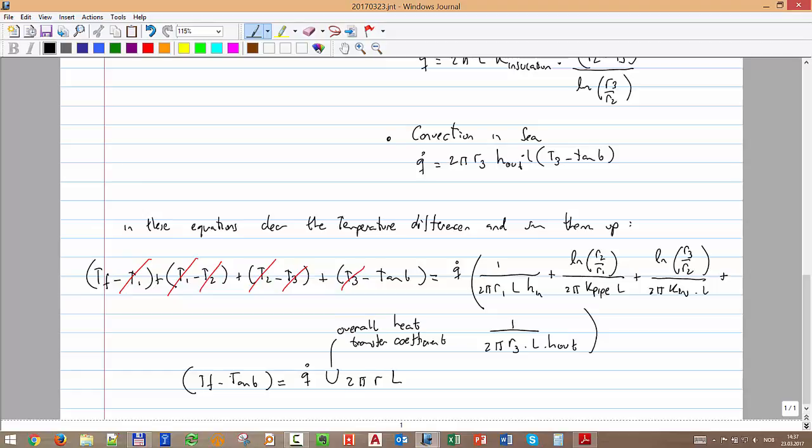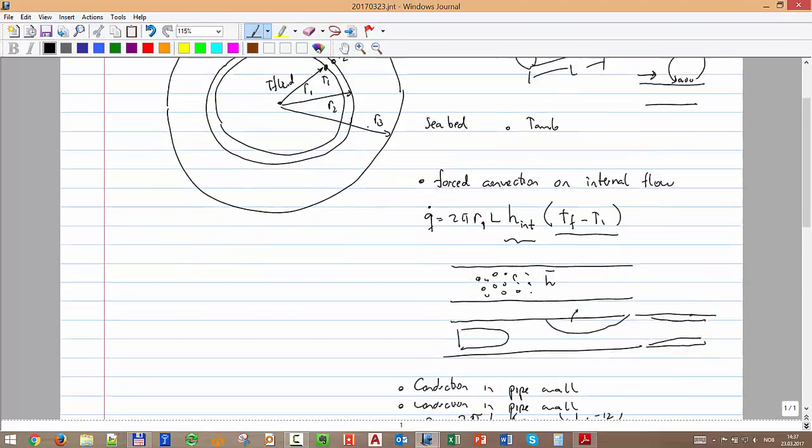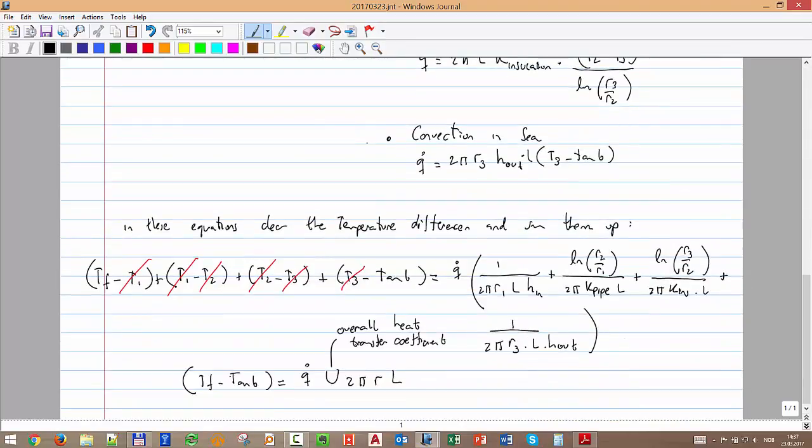Okay, and then comes two things. I have to decide first which area I'm going to use as a reference. Is it going to be the inner perimeter, or is it going to be the outer perimeter? What is typical, and what HYSYS, for example, uses, is the outer.